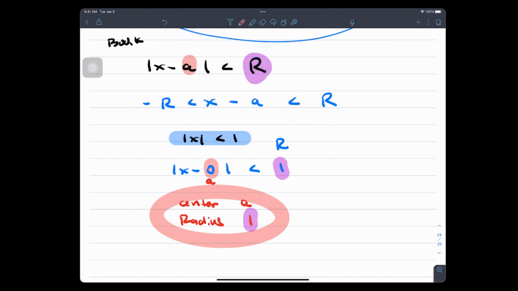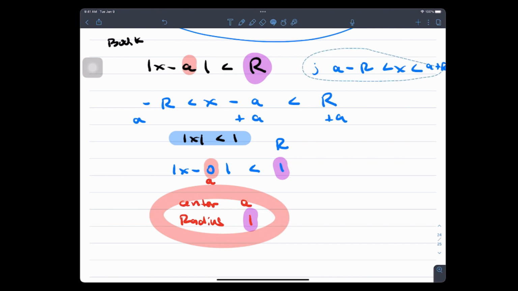Now, even from those other courses that you guys are taking, you get this relationship too, that a minus r is less than x, which is less than a plus r, I guess. Okay, we're running out of space.